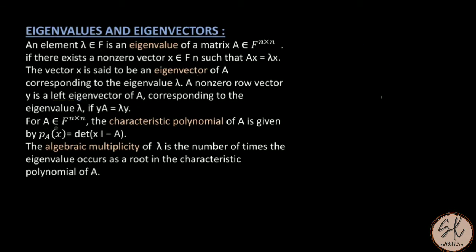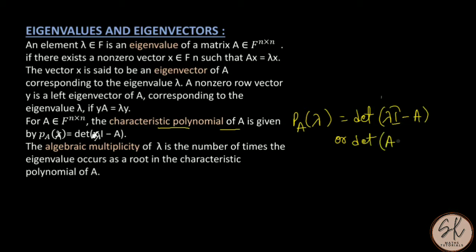Now see, for a matrix of order n cross n, the characteristic polynomial of A is given by P_A(lambda) equals determinant of lambda I minus A. This can also be written as determinant of A minus lambda I. Both are the same.